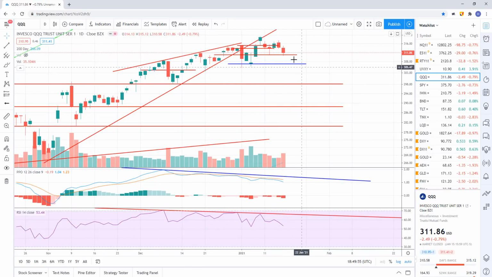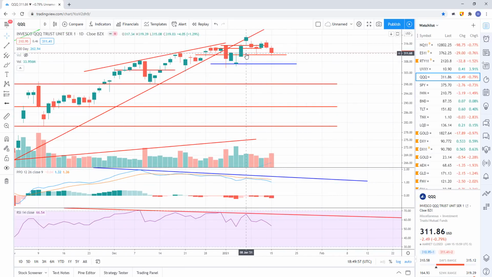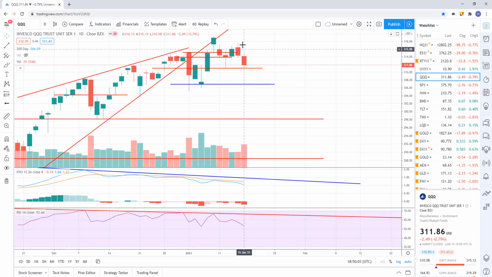So I'm looking for the trend to be set. We need to see lower lows. We have lower highs, which was right here, and we need lower lows. So a break below this 3.0, we could probably say a daily close below 306.89, but preferably a daily close below the low right here, which is about 305.26.